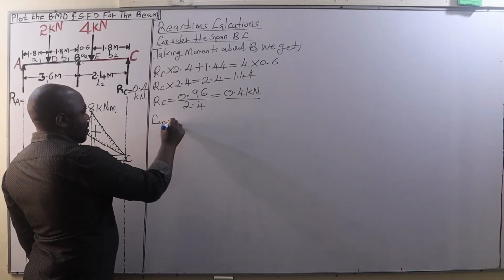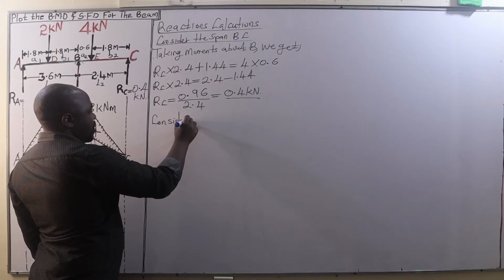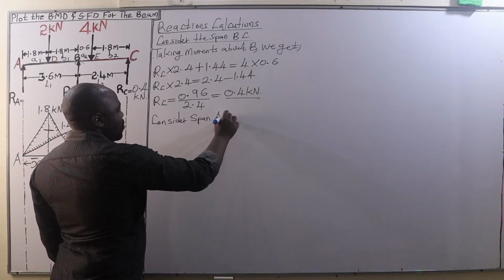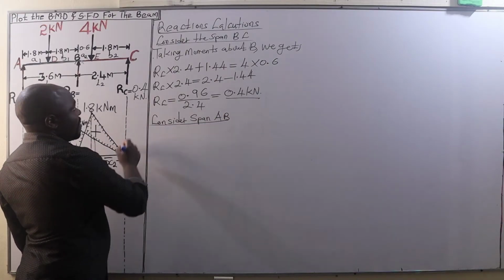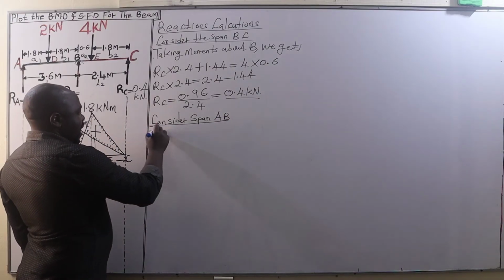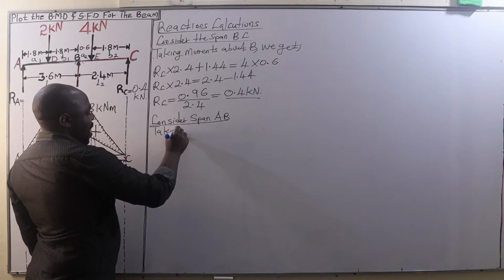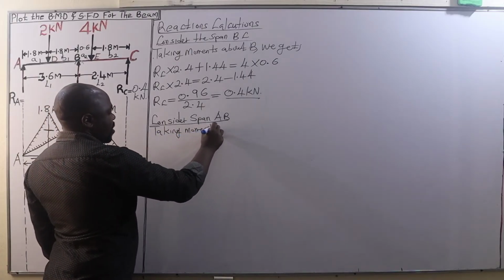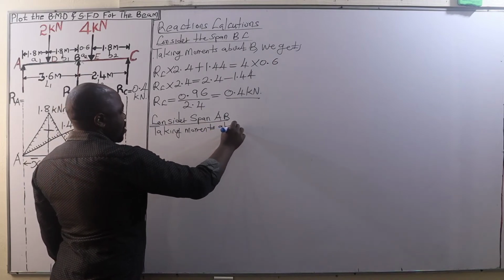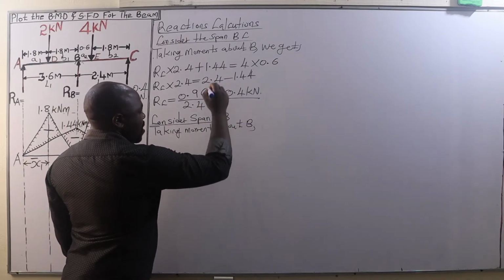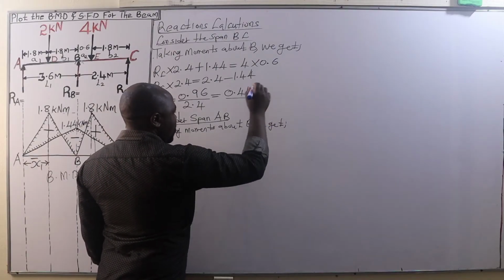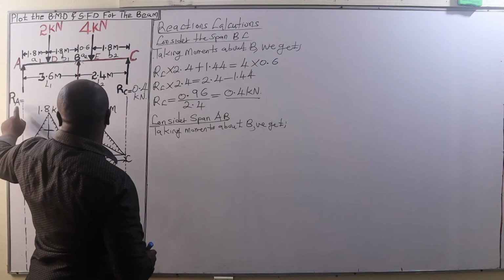From there, we go to the span AB. Good. So we are going to say this: consider the span AB, taking moments about B as well. Taking moments about B, we are going to get the following.